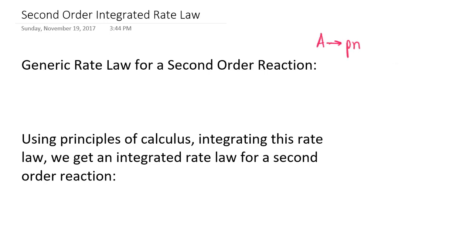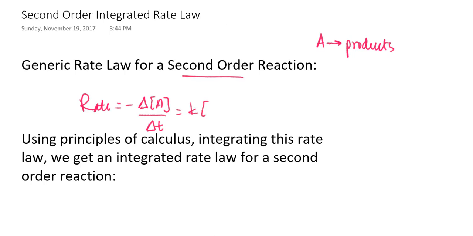Now, the other rate law that you saw in the EP data packet, once again, for the generic reaction where we have some reactant A decomposing into a set of products, again, based on what we learned last week, that rate, which can be considered the rate of disappearance of reactant A versus time, if I have second order kinetics, that's some rate constant k times the concentration of A squared.